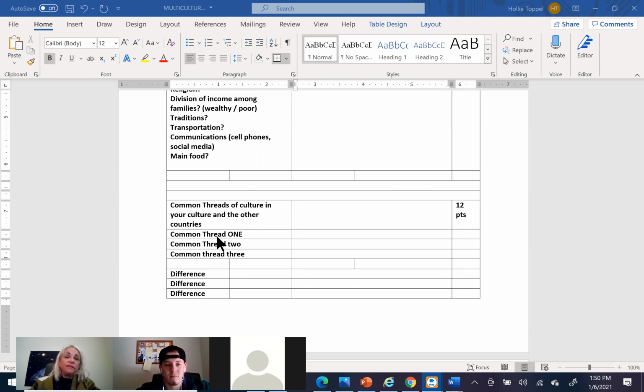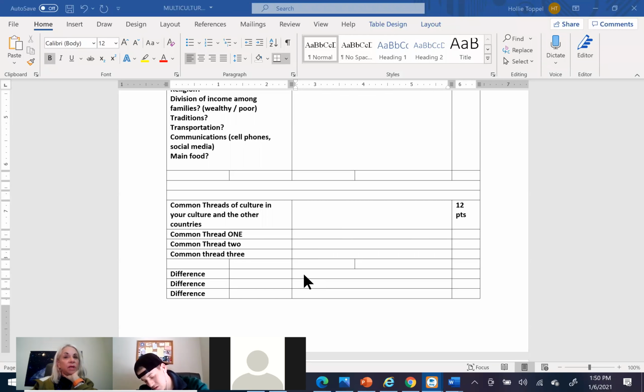So here you want to see a common thread. Here's a different thread. So give me 3 common things. Okay, so in, I don't know what culture this is, I think it's Japanese. They respect the elders more.